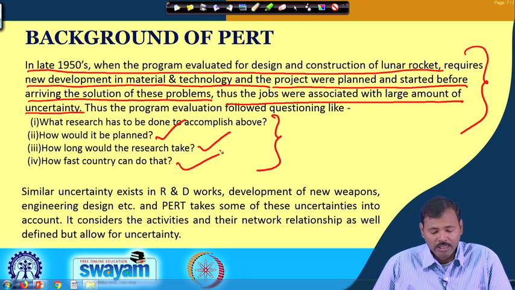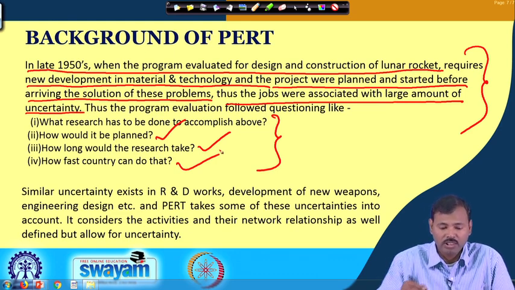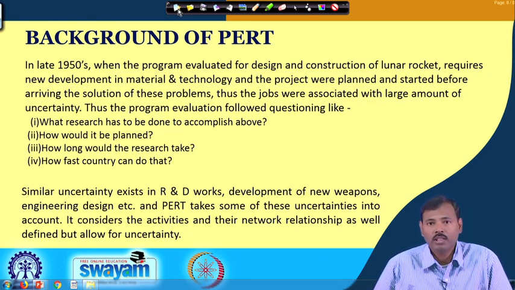So, that way the questions are developed, and gradually the time has been framed in an optimistic and pessimistic manner, and from that some probabilistic approach is taken, so that some analysis on the network can be carried out, finally by which time this target would be achieved.